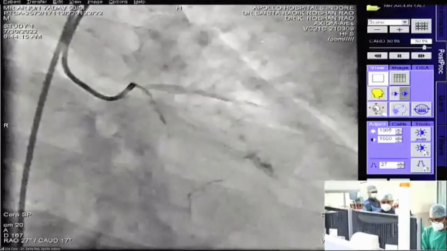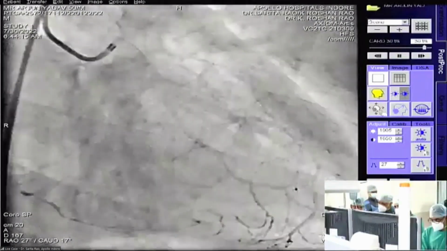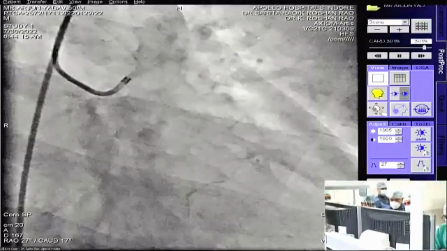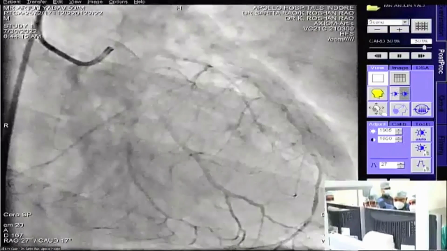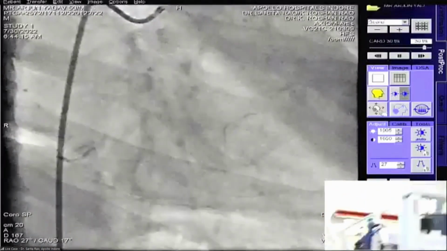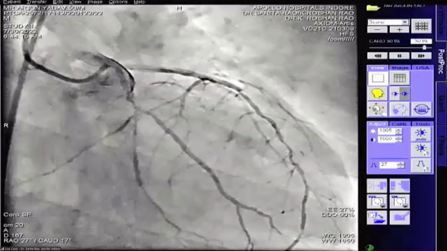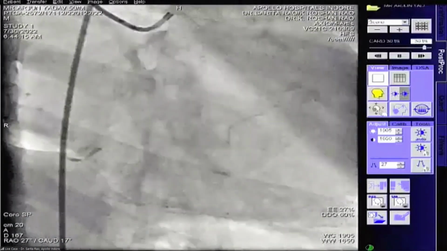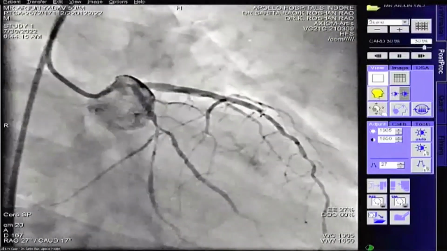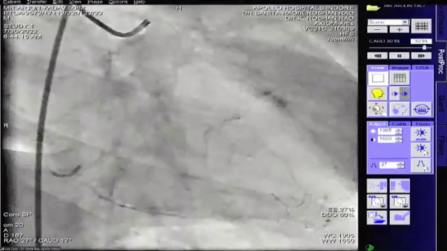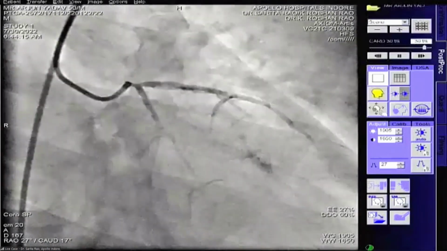The third thing is that, yes, maybe we should have done viability testing, but I believe that the presence of angina and the presence of preserved thickness shows me that this patient's myocardium is viable. And the next point which we raised, this patient requires mechanical circulatory support.